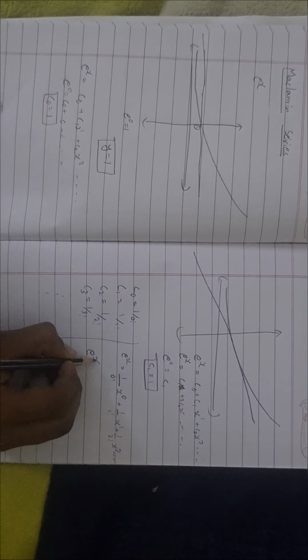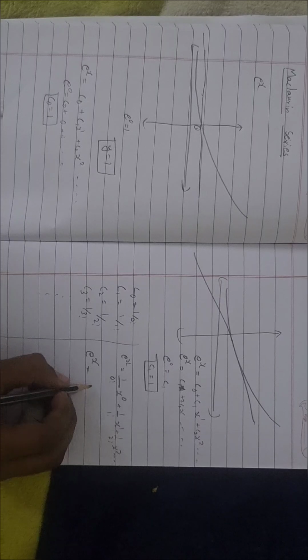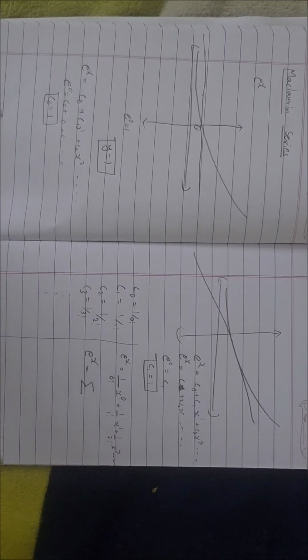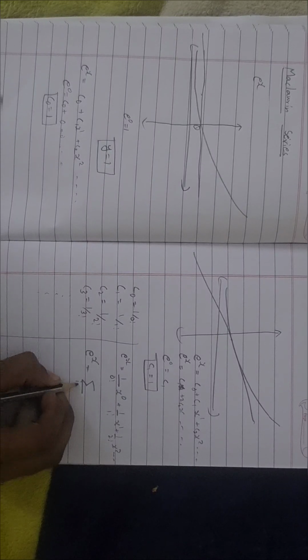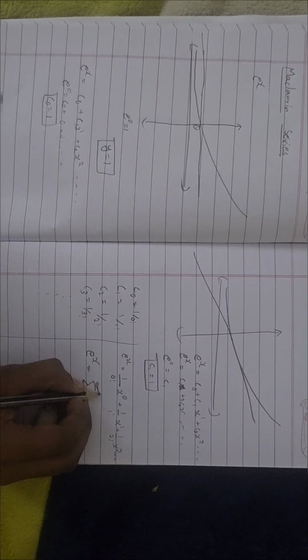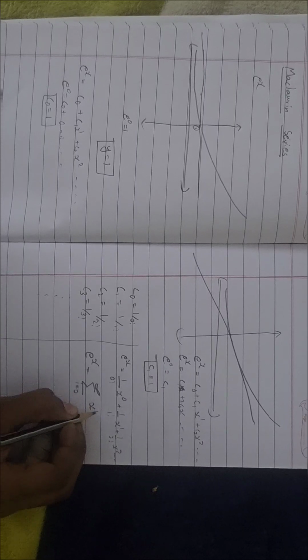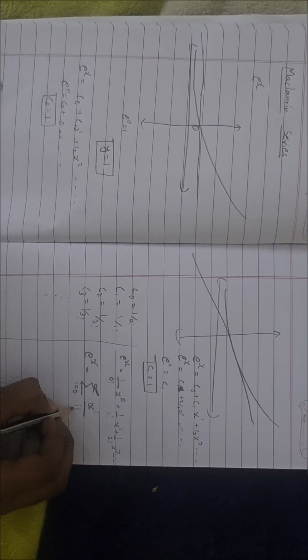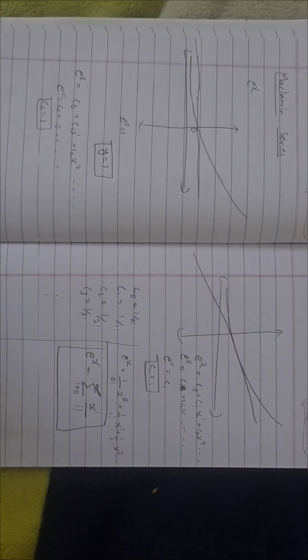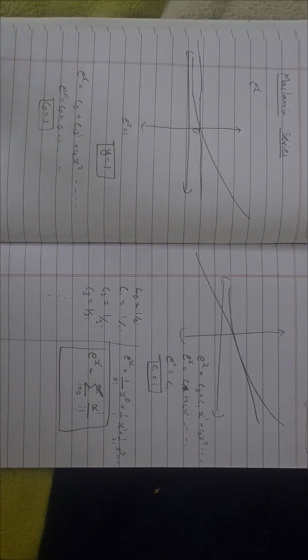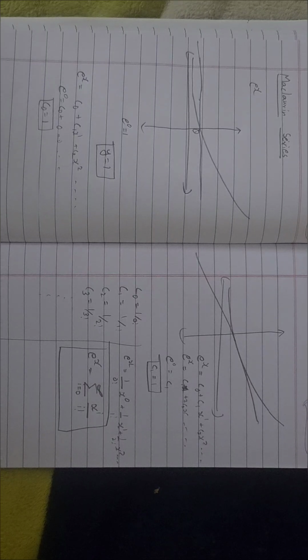Or I can just use this notation called sigma, which is the repeated summation. If I use i equals 0 to infinity, x to the i divided by i factorial, this is the polynomial form of e to the x, and you can easily approximate it.